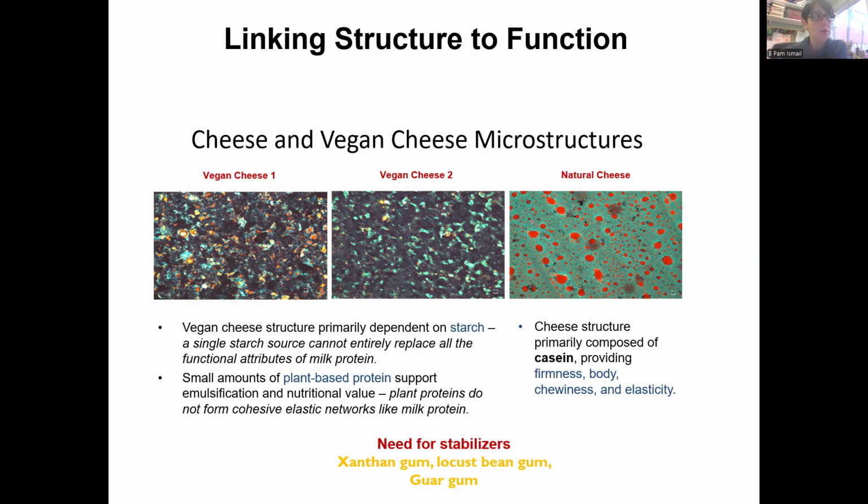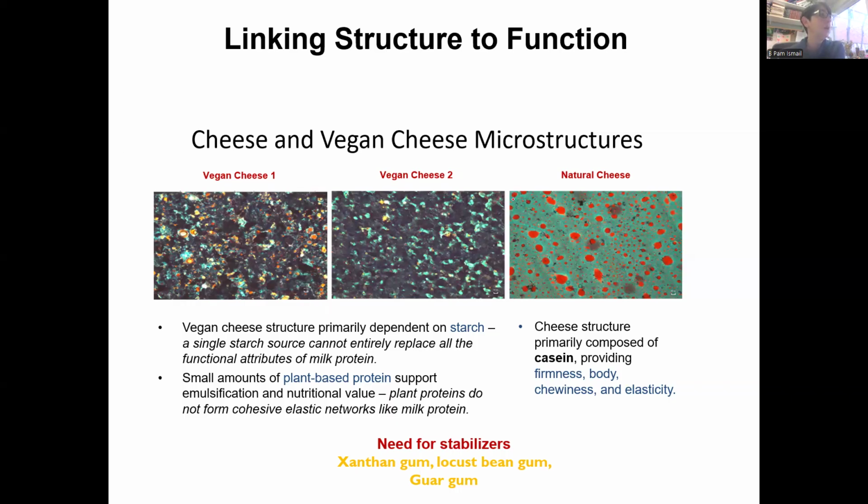The green is staining protein, the red is staining fat, and the blue is staining carbohydrate. What we're seeing here is natural cheese. You have this green matrix, the nice protein-protein interaction gel-like matrix that is entrapping the fat within your cheese.